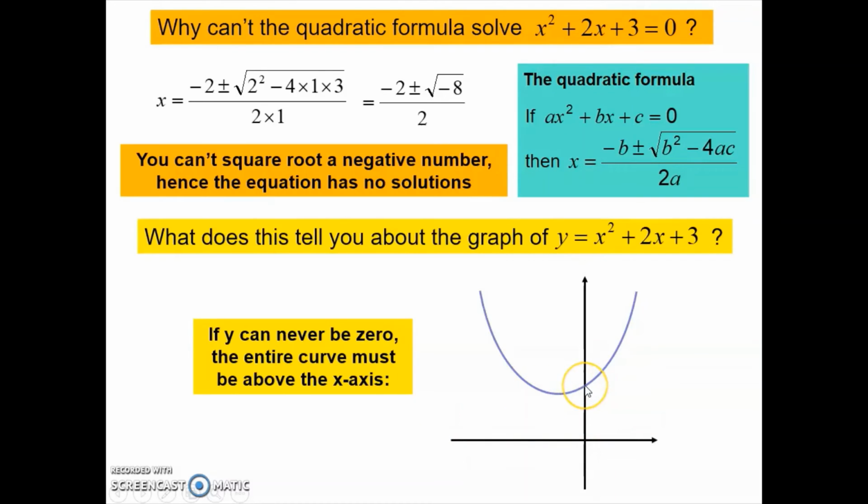We still have some intersection at the y-axis on this example, but there is no intersection of the x-axis, which is why when this equals 0, there is no solutions to this via the quadratic formula. And if we were to put that into the calculator would give us an error message.